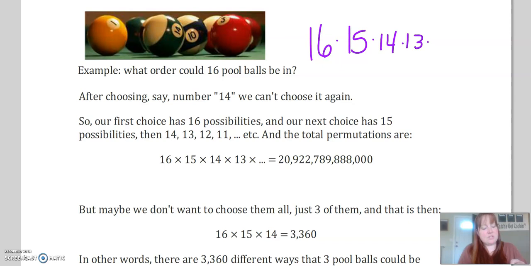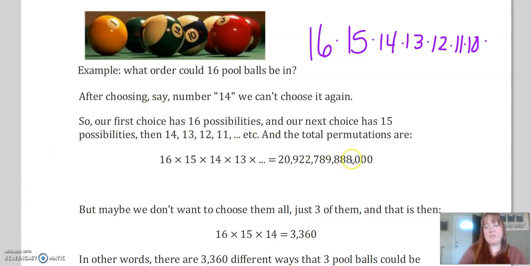And then I only have 13 options, then I have 12, and then I have 11, and I have 10, and so on and so forth. It goes all the way down to 1 till I have only 1 option left to pick out. So I would use this idea behind the fundamental counting principle to multiply each of these numbers together to figure out how many different ways I could set these pool balls in order.